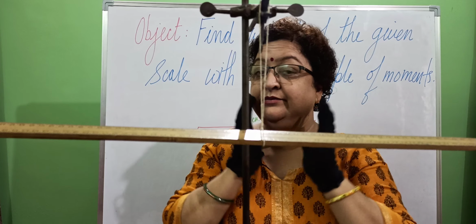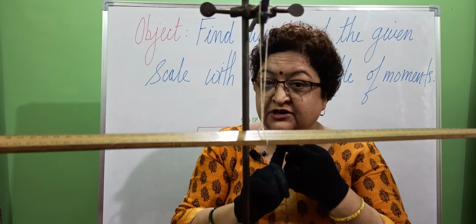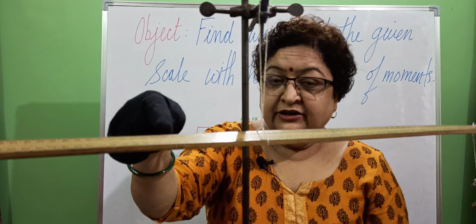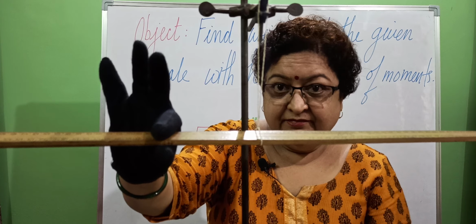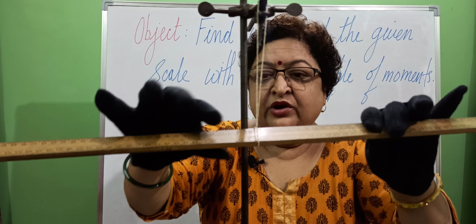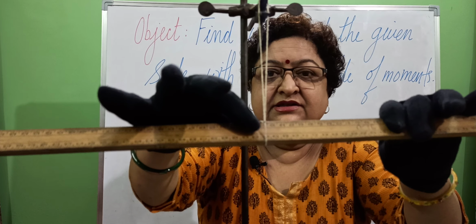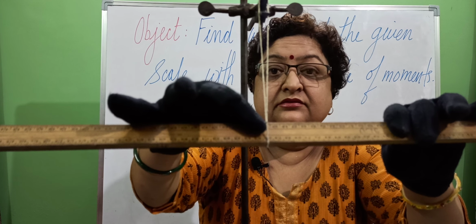Now here is the time to note the readings. First reading, the weight of the scale is acting at the 50 centimeter mark, right? Second reading, the point of suspension is the 40 centimeter mark.